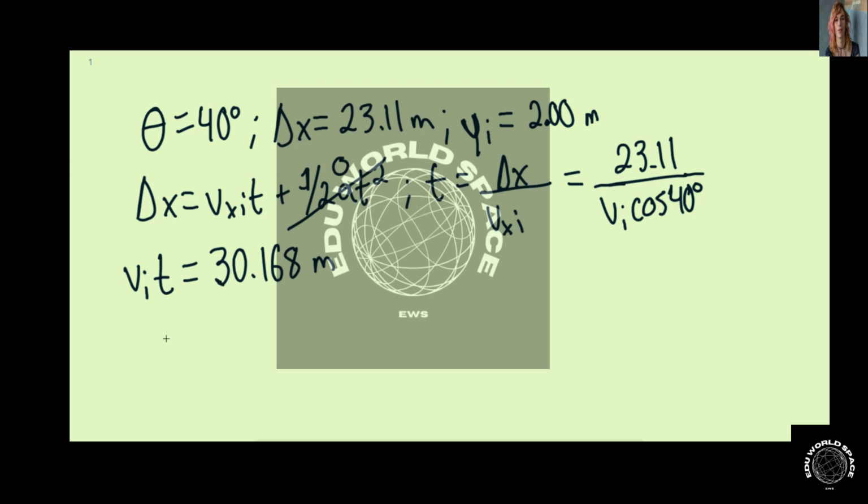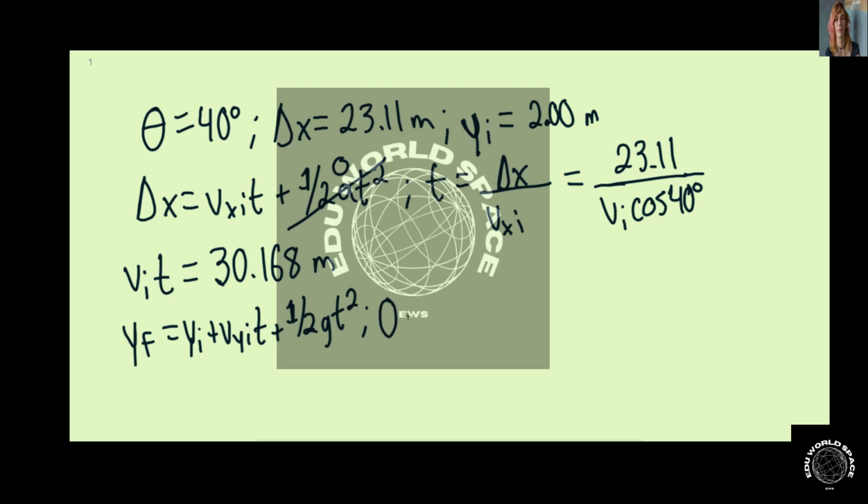So when we're trying to find the initial velocity, we can say that y final equals y initial plus vy initial t plus 1/2 g t squared. We're just going to simply plug in for these directly.